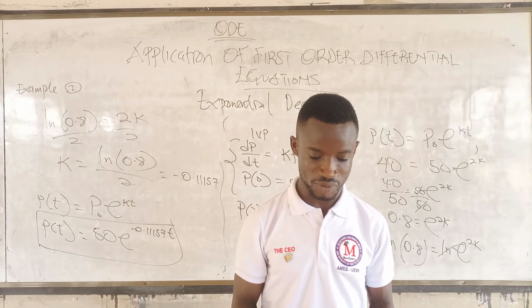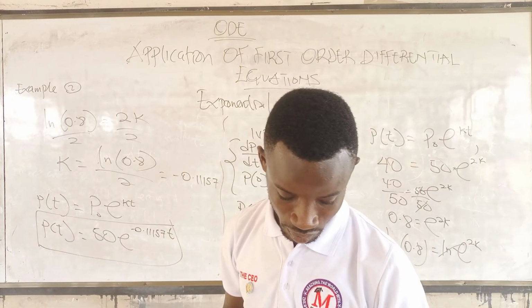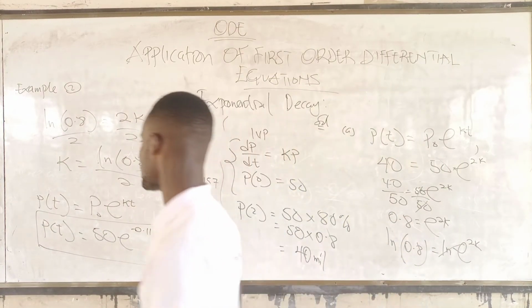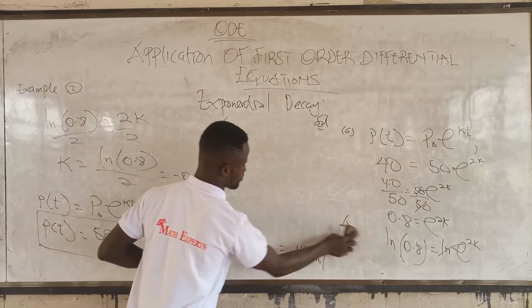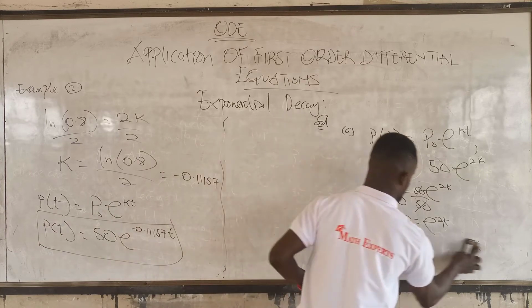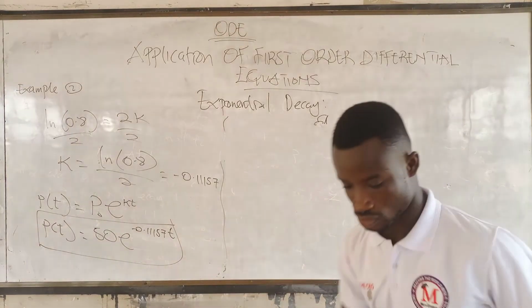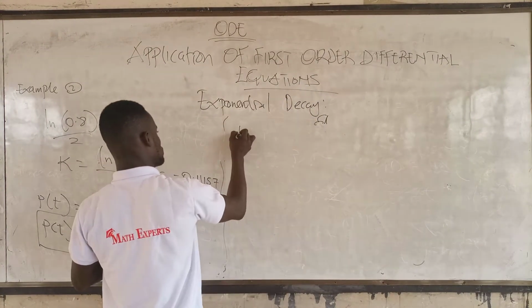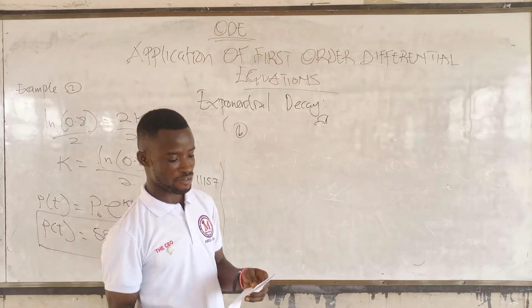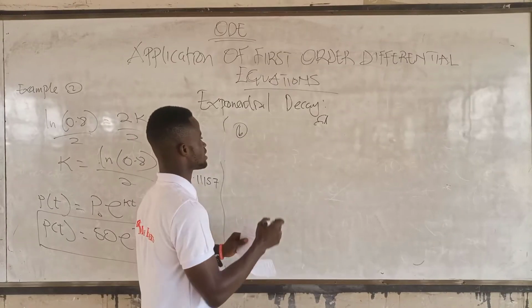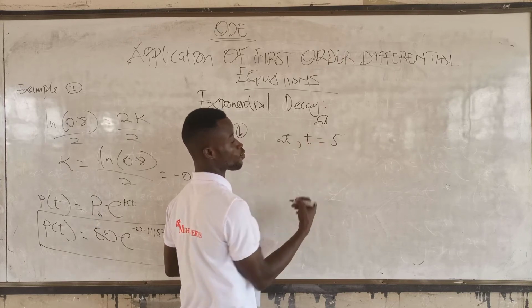Let's go for that. So this is 2B. How much is left after 5 years? That is at where t is equal to 5. What is going to be that?